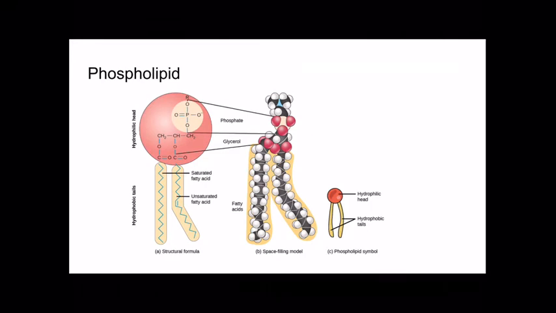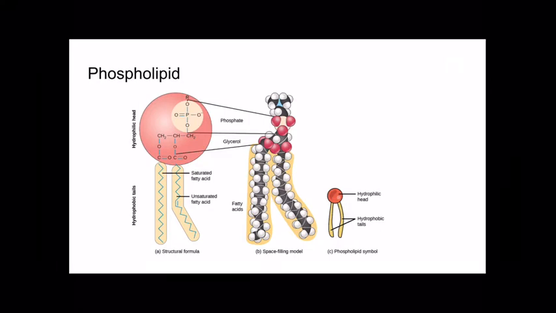The oxygen part of water tends to be more negative. The hydrogen part of water tends to be more positive. So those will attract to this slightly positive and slightly negative aspect of this phospholipid. These are a few ways that we can depict a phospholipid. We can see the structural formula here on the left.